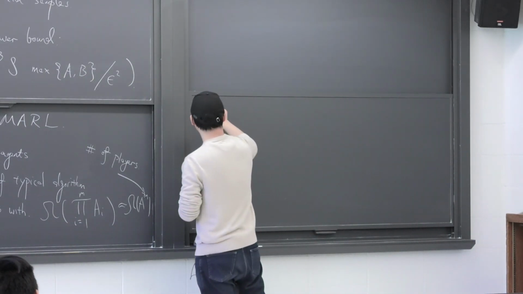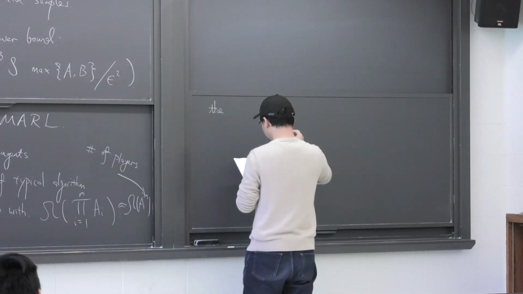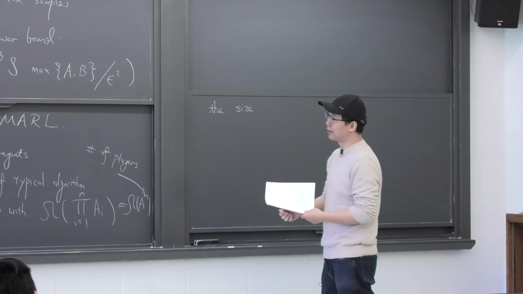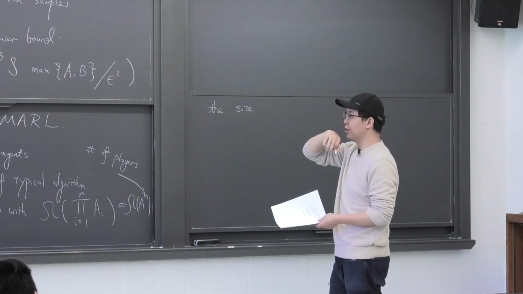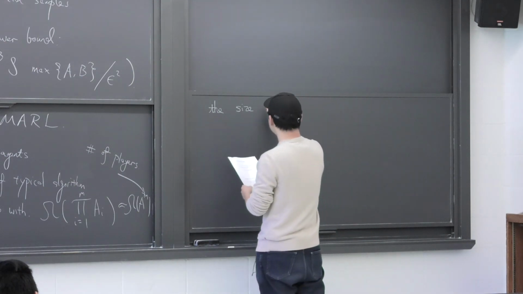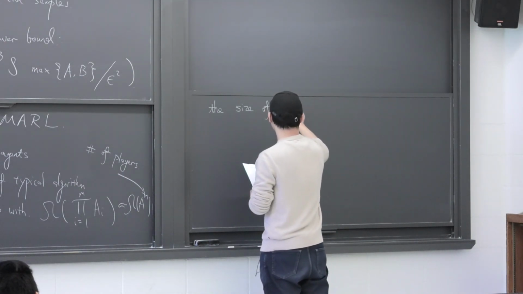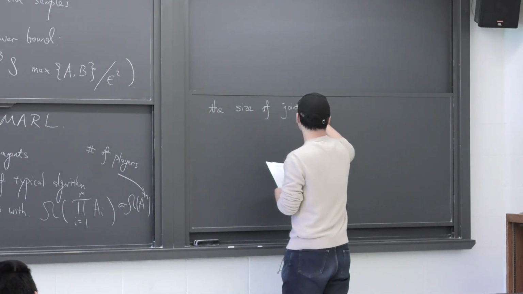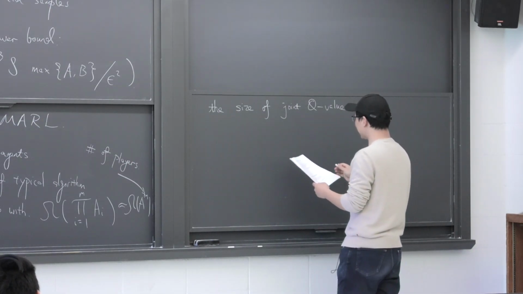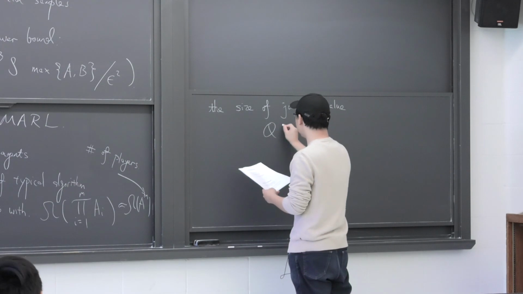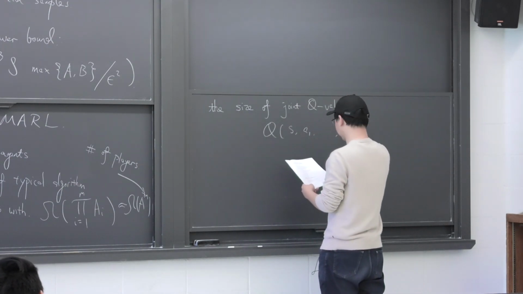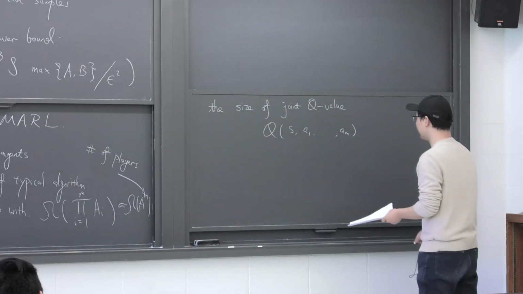The reason for this is, remember when we're doing this kind of Nash value iteration, we have a joint Q value. Whenever we want to estimate something like that, it's like Q(s, a_1, ..., a_m).